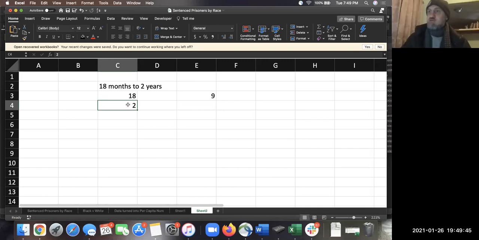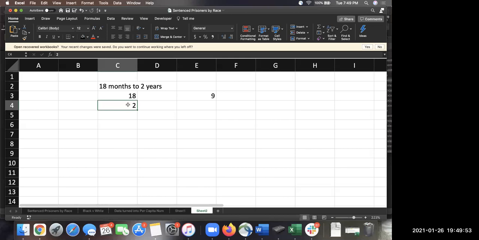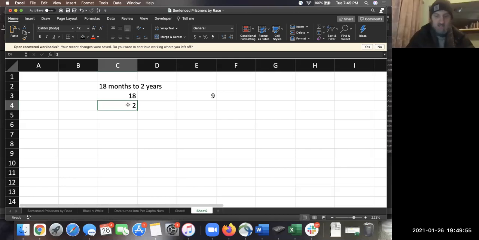So give me 2 years, but give it to me as months. 24 months? Good. So then you have 18 months to 24 months. Now, this is a fair comparison. And when you divide, you get this. And if you simplify, you have to find something to divide by.